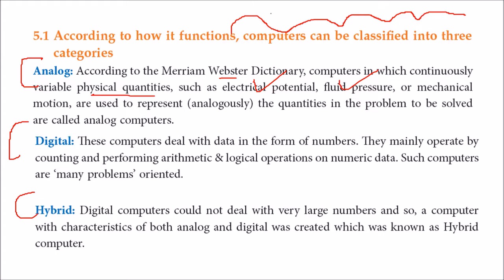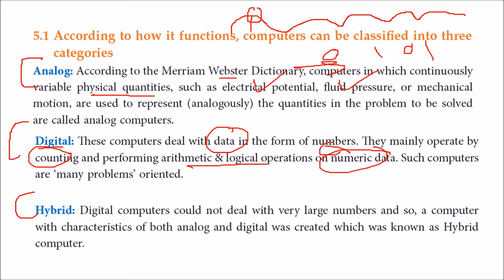And if we take the sample and quantize it, then it becomes digital, in 0, 1, 1, 0 form. So these are digital computers. The computer deals with data in the form of these numbers. They mainly operate by counting and performing arithmetic and logic operations on numeric data. The hybrid is the combination of analog and digital.